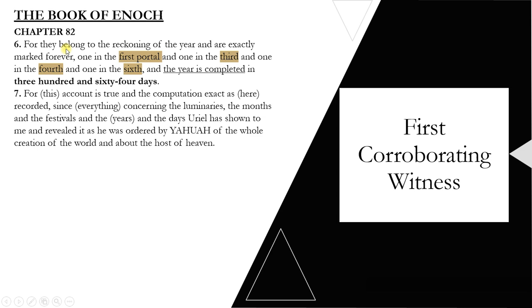Verse 6. For they belong to the reckoning of the year and are exactly marked forever. These are the intercalary days, the 4 days that he was talking about being added. One is in the first portal, and one in the third, and one in the fourth, and one in the sixth.